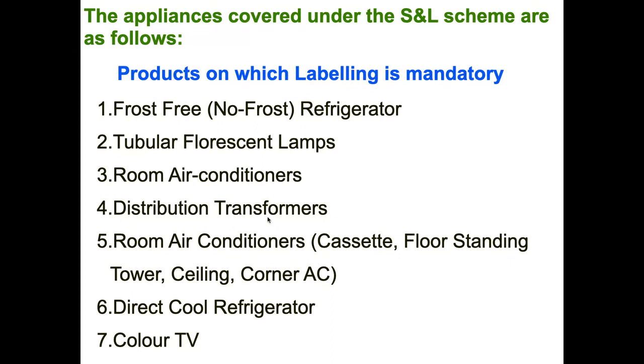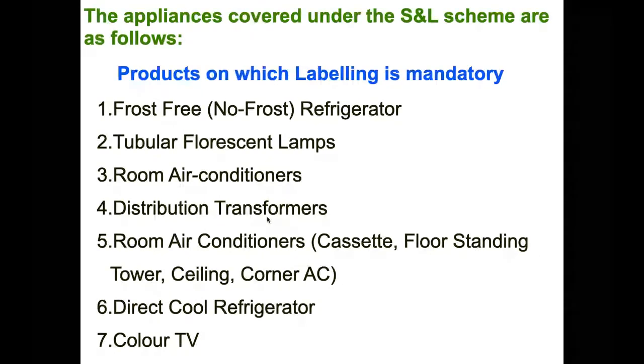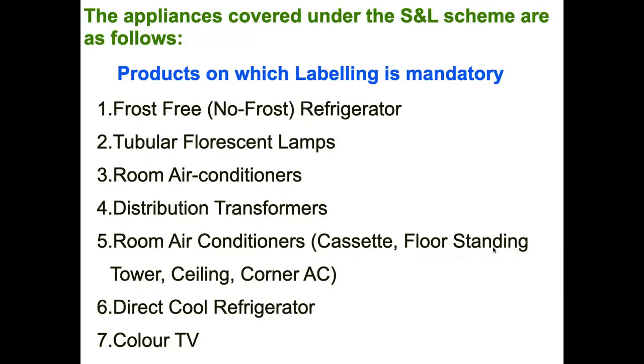It should be a good labeled or good star transformer. And room air conditioning would include cassette, floor standing, tower, and ceiling types of ACs. Another is direct cool refrigerators and color TVs as well, which is what we call smart TVs. So it is also mandatory to put a star rating on smart TVs, or you can say color TVs, right?